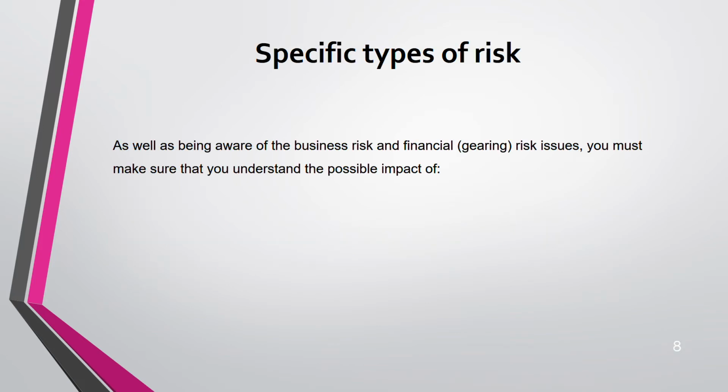Now we are aware of two risks from when we were studying back. Remember, business risk and financial risk, or you can say gearing risk. Now you must understand the possible impact of this kind of risk. Other risks: political risk. This usually comes when you're dealing in a country where politics is unstable or corruption is there, then political risk is high.